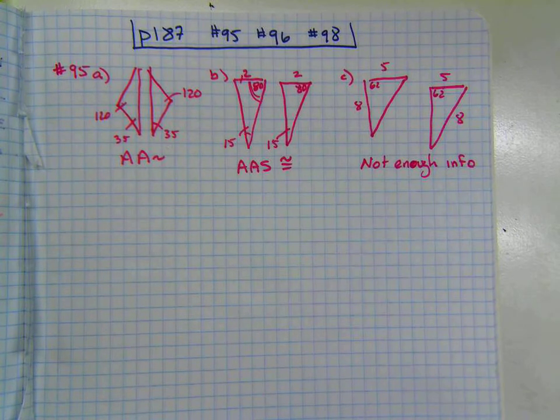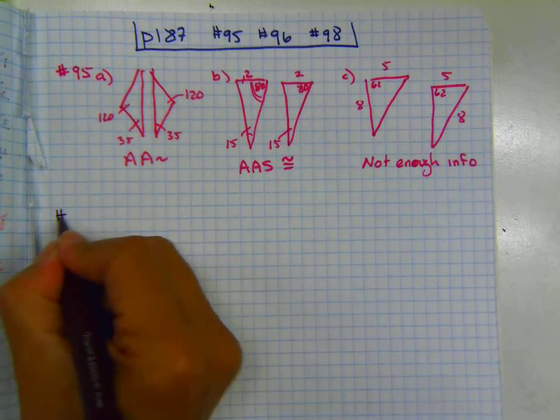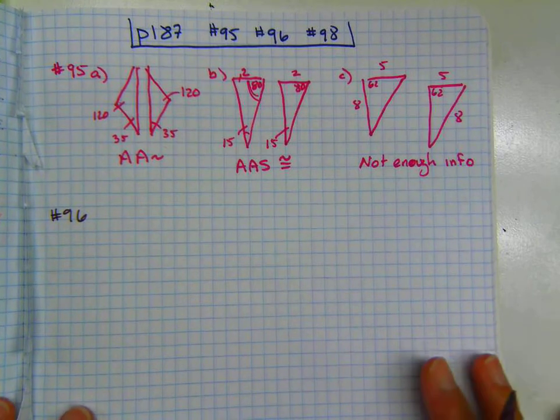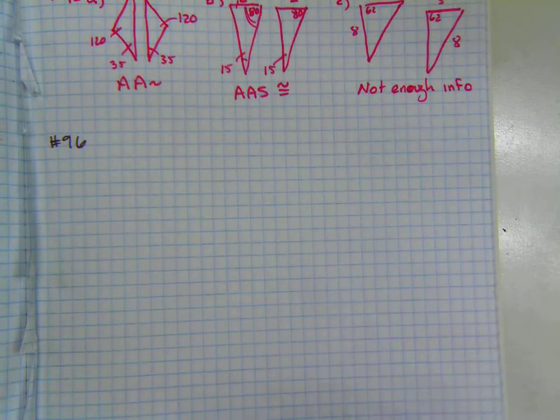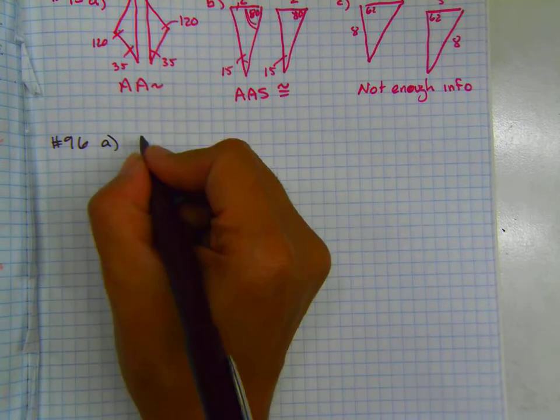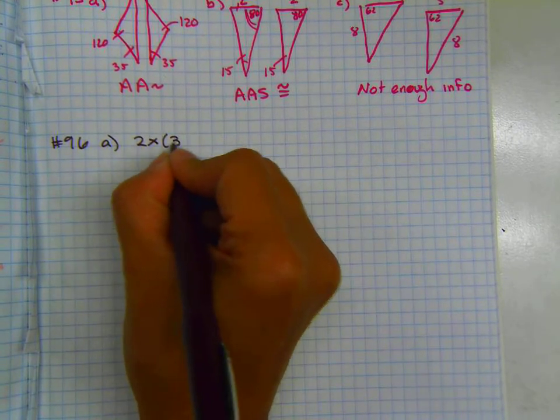All right, let's take a look at number 96. Number 96 are a bunch of distribution problems. Now, I'm sure you've gotten comfortable distributing multiple ways. Feel free to do it any way you want. So we have 2x times 3x minus 4.